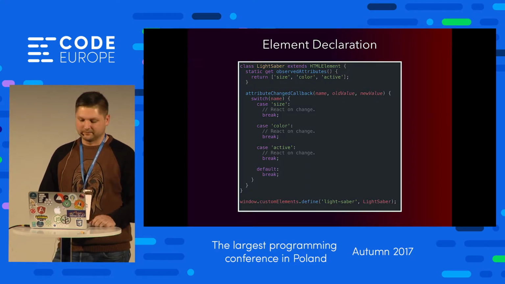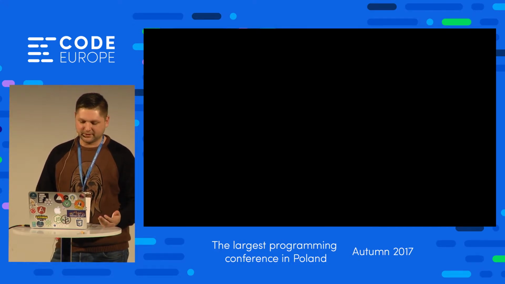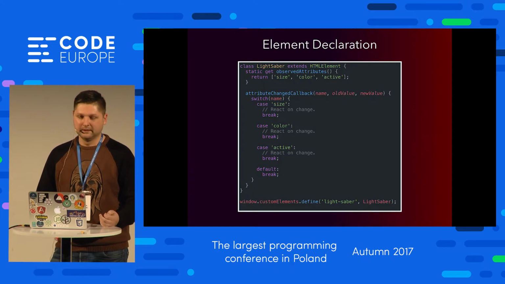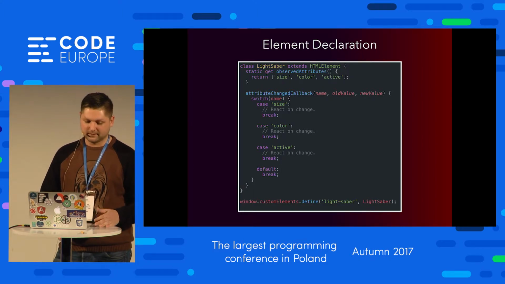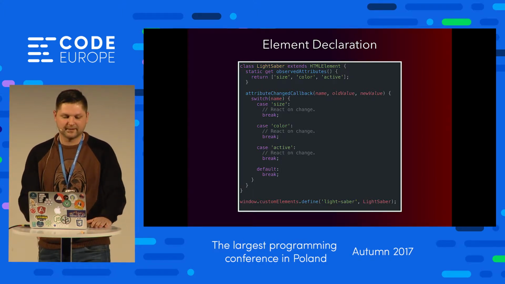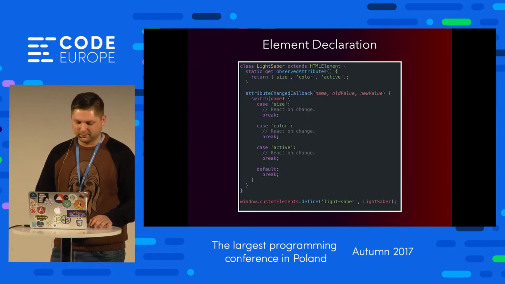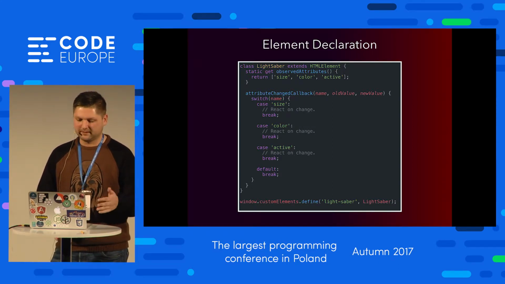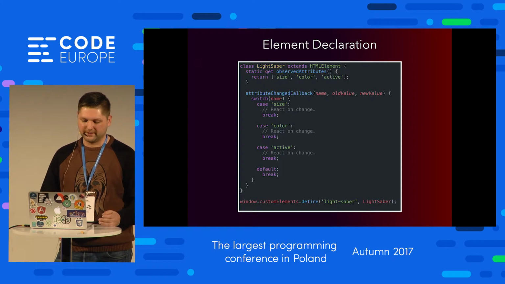This is part of the specification, and we need it to define which properties we should observe for changes. Then we use a callback called attributeChangedCallback that accepts the attribute name, old value, and new value. Then we need a kind of switch case to handle the reaction to each attribute change.